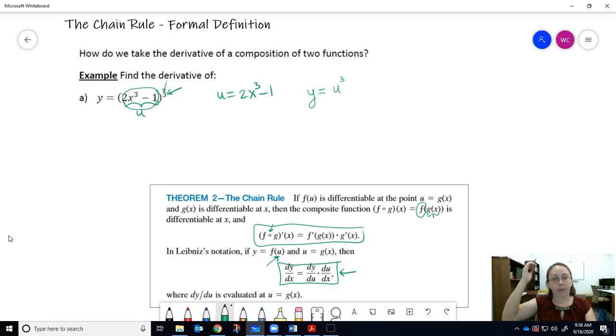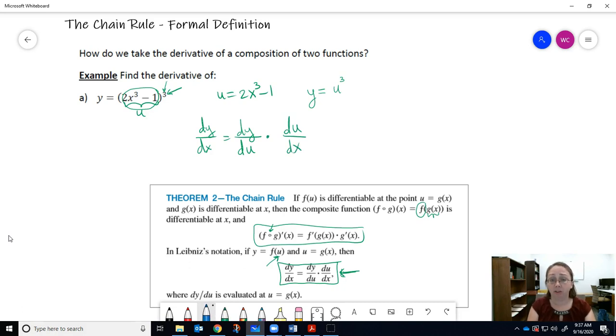Now, this is what we're going to later refer to as the inside and the outside functions. So u is your inside, and this power is the outside. According to the formula in the box, we can find the derivative dy dx, what we're looking for, by finding the derivative of y with respect to its new variable inside, the u, times the derivative of u with respect to its corresponding variable, which is an x inside.